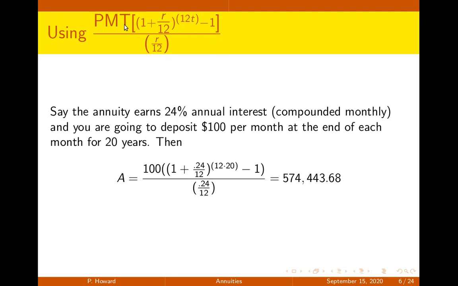I replace the PMT by 100, the R by 0.24, and the T by 20. I did the calculations and got $574,443.68 to the nearest cent.